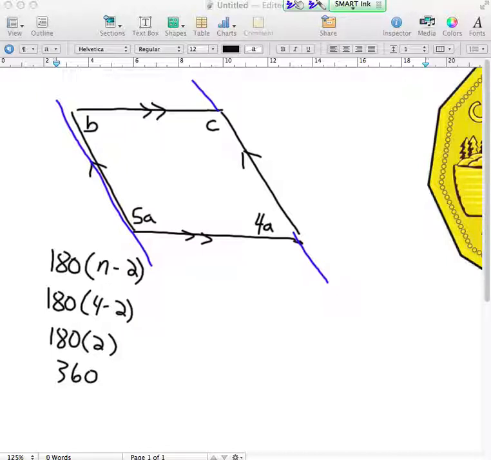Okay, great, guys. Yes, you might hear yourself on YouTube, but the point is, what are these two angles? How are they related?